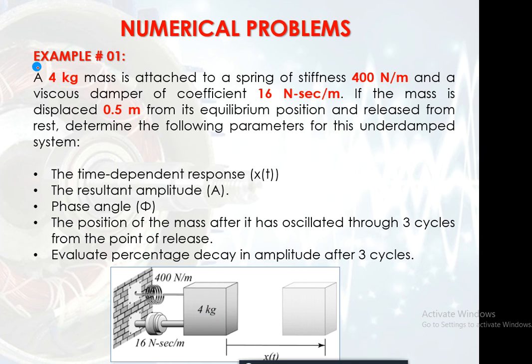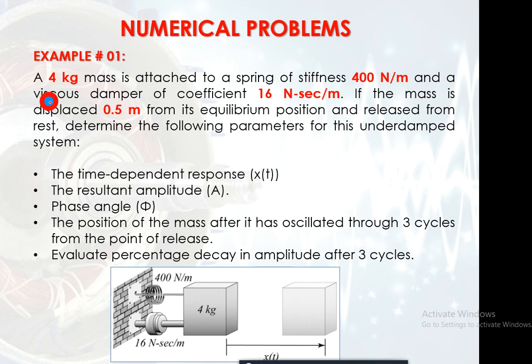In this numerical we have a 4 kg mass that is attached to a spring of stiffness 400 Newton per meter. So stiffness of the spring element is given, that is 400 Newton per meter. Mass of block is given, that is 4 kg, and a viscous damper of coefficient.